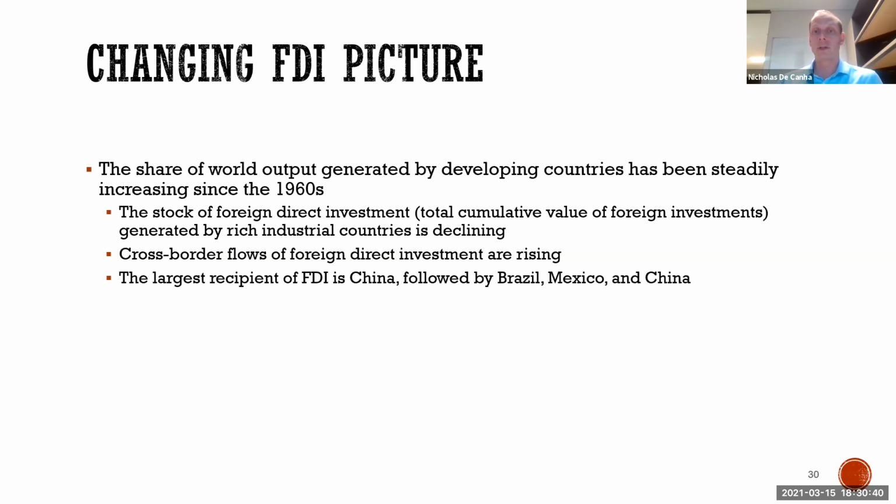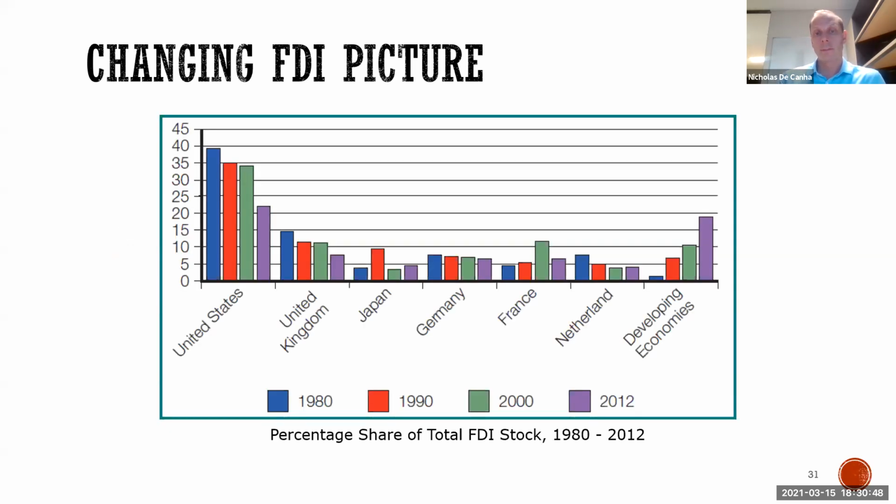The biggest recipients are China, Brazil, Mexico, as well as the United States. And this is what broadly that looks like. So as you can see, at one stage, the United States completely dominated where anybody would invest any money.